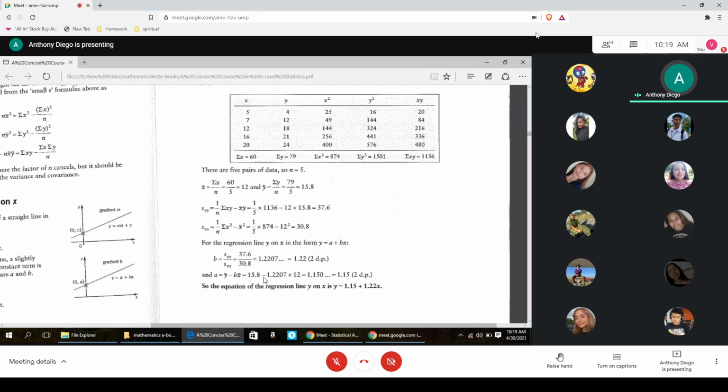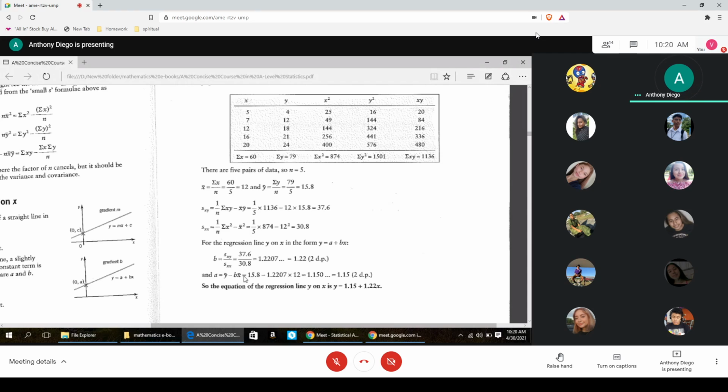So what we do next is substitute that into the equation to find the other value, A, just like y equals mx plus c. In this case, we are using y equals a plus bx. So you would have had b already, and then you can use the point, and the point you're going to be using is the mean point, the one for x and the one for y. So a is equal to y bar minus b x bar.